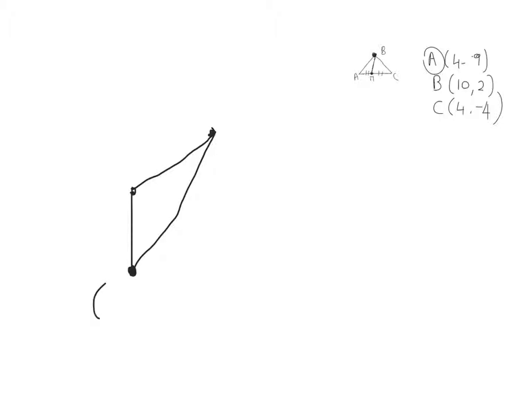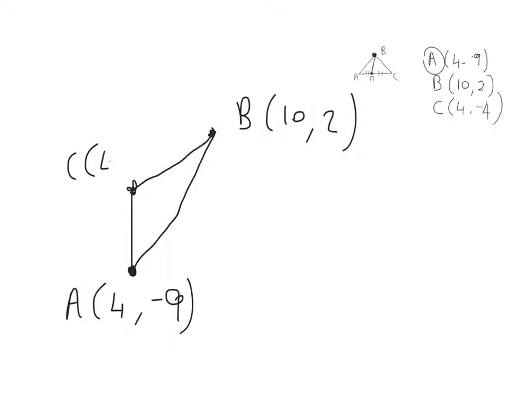We've got the point (4, -9), which is A. We've got the point (10, 2), which is B. And the point (4, -4), which is C. We're looking for the equation of the median from A, so that'll cut that line in the middle.